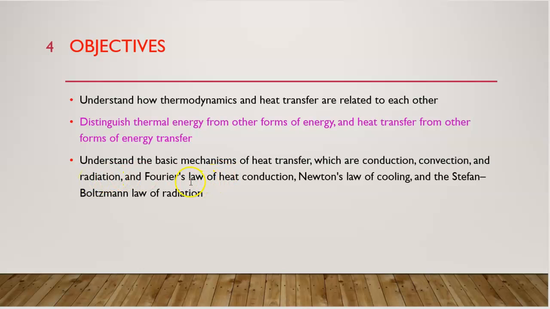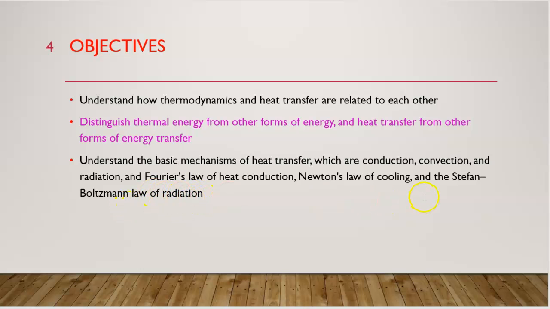Okay, and then we have Fourier's law of heat conduction. So heat conduction happens because of this law actually. We use this law, Fourier's law of heat conduction; Newton's law of cooling, this is the law for convection; and Stefan-Boltzmann law of radiation.